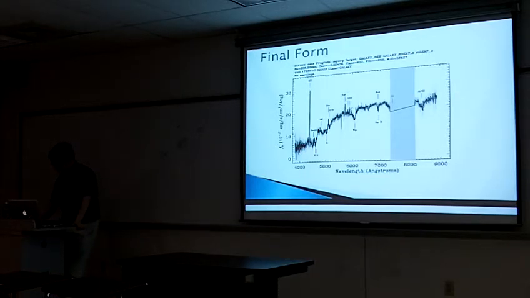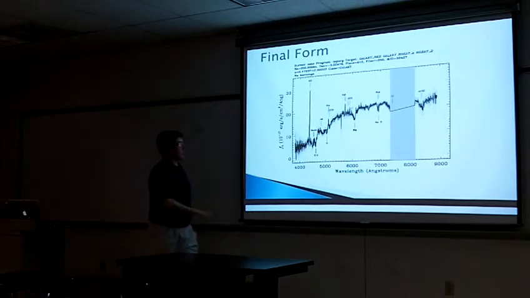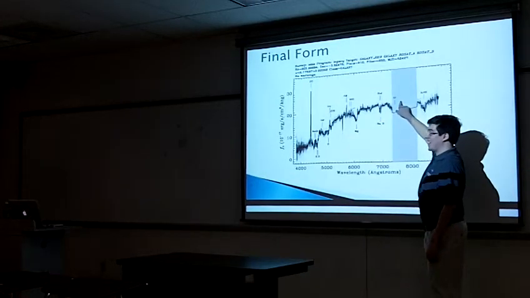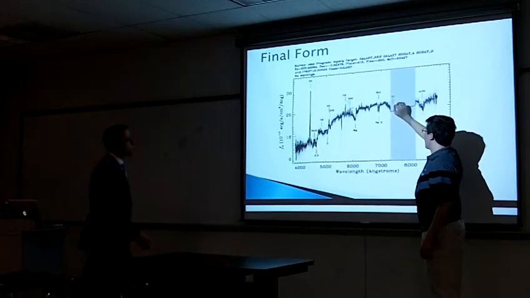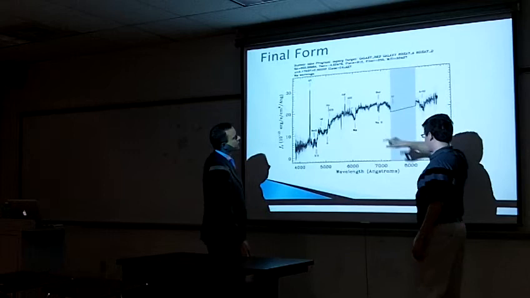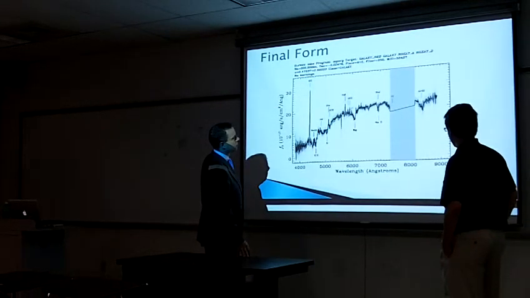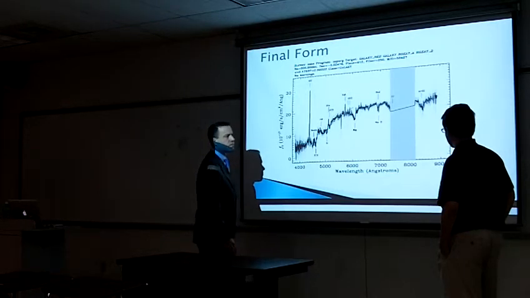Go to slide 20. That is slide 20, right? Yes. Okay, where? I can't see. Where's H alpha? H alpha is right here. Oh, okay. Unfortunately, for whatever reason, the telescope did not have spectra for that band.